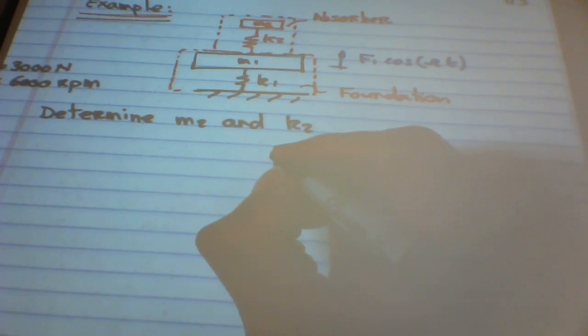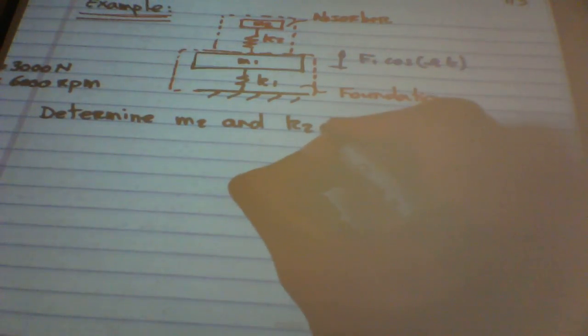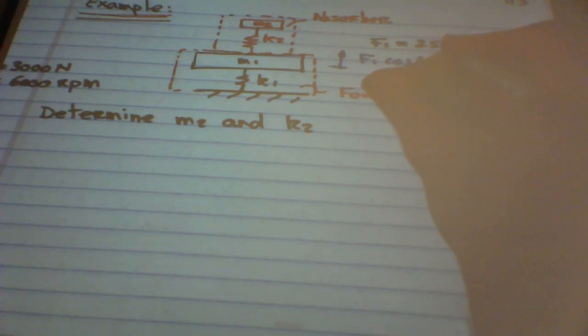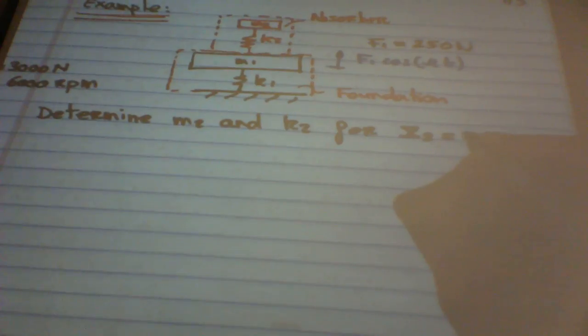The magnitude of the exciting force, F1, is 250 Newton, and the amplitude of the motion of the absorber mass is limited to 2 millimeters. So what does that mean? That means x2 would be equal to 2 millimeters, so 0.02. All right? Okay. So this is our model.